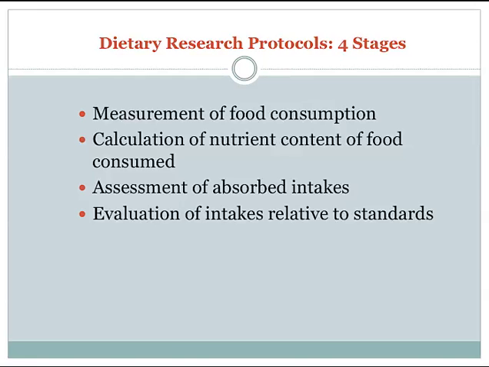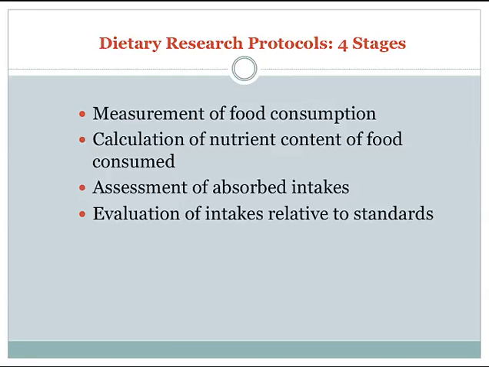When you're looking at dietary research, one of the issues is, how do you calculate the nutrient intake that people have? How do you measure food consumption? There are several ways to do it, but the typical way now is that you use a computer program, you plug in the foods, that computer program is associated with the nutrients in that food, you estimate the amounts, and then you try to ask questions about, are they absorbing the nutrients that they're taking in?